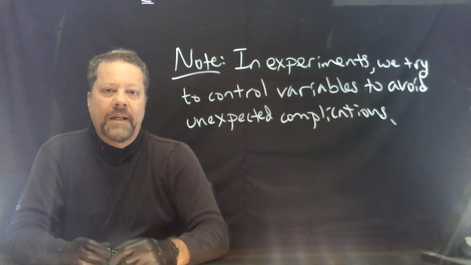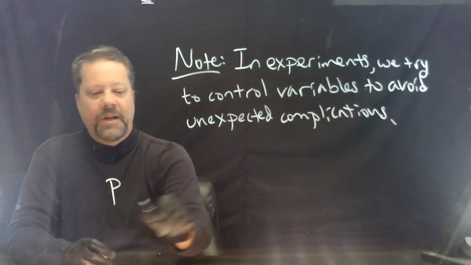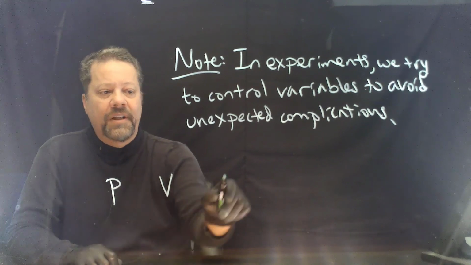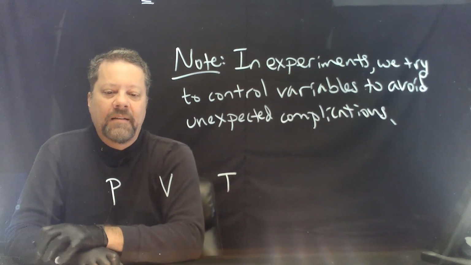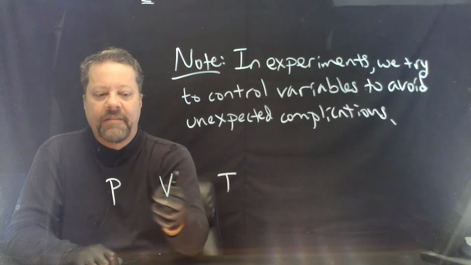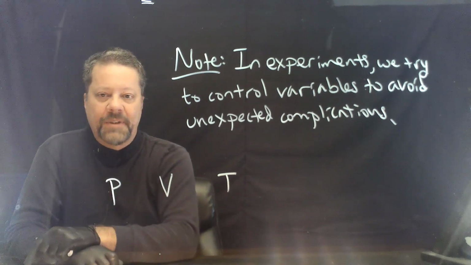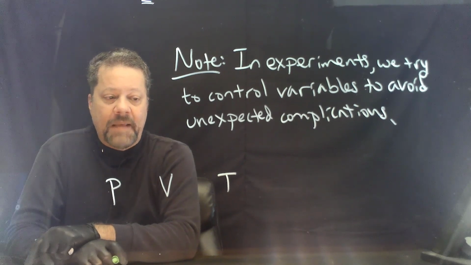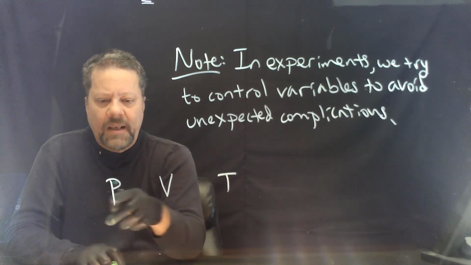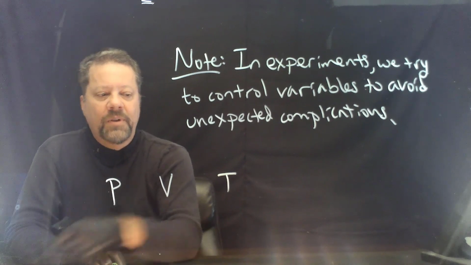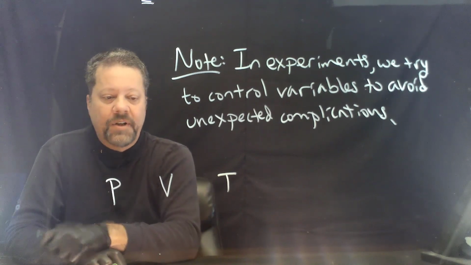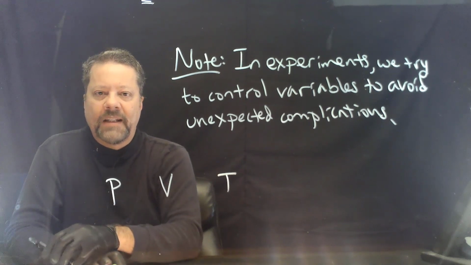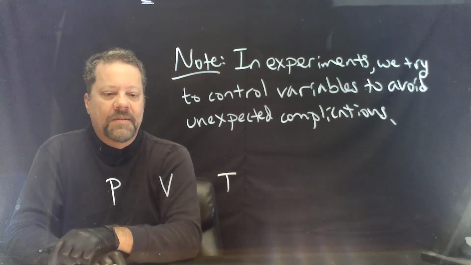If I were doing an experiment affecting pressure and volume that didn't pay attention to the temperature, then in some cases I might have a particular volume and a particular pressure, and in another case I might have the same volume and a different pressure, which results from maybe a different temperature. So because I wasn't checking the temperature carefully, the pressure might not be well regulated as a consequence.